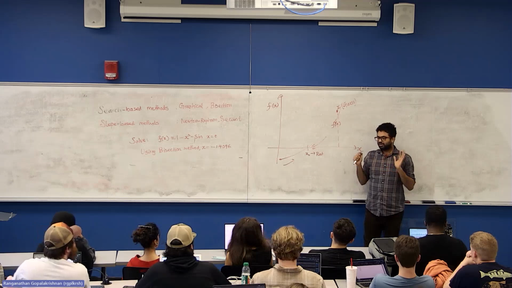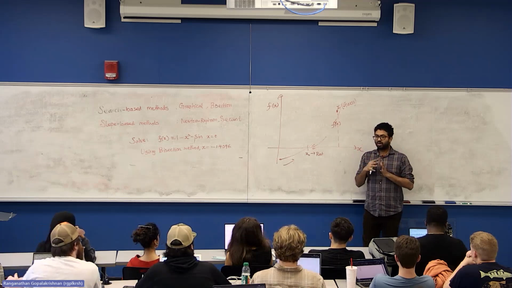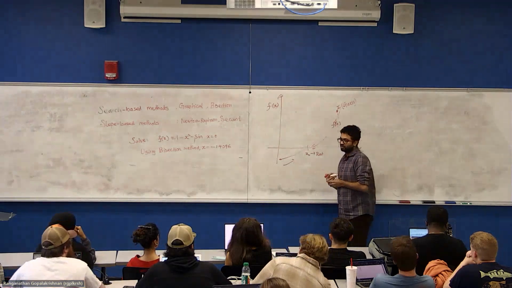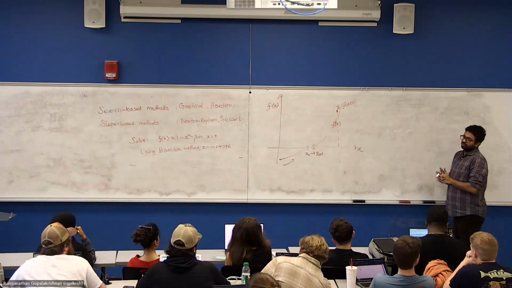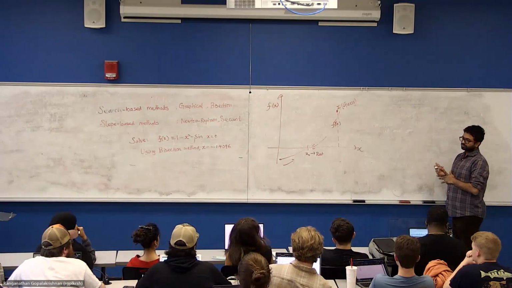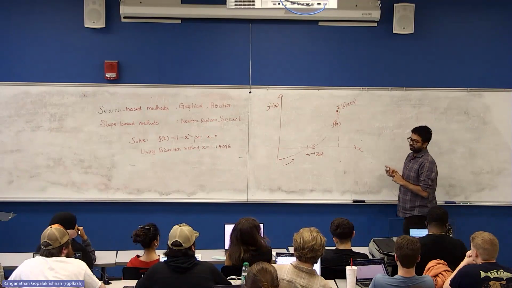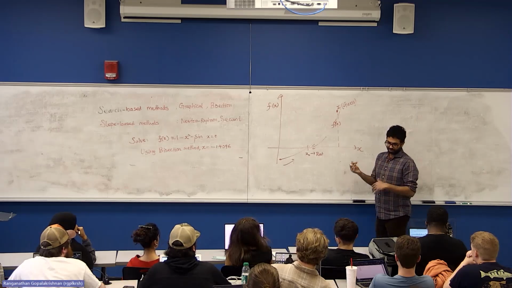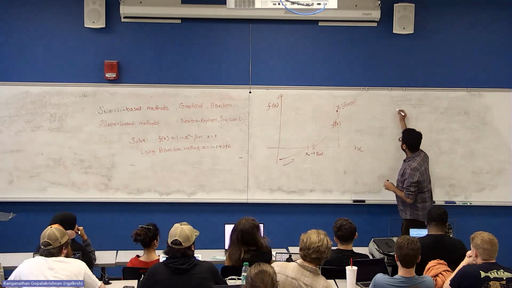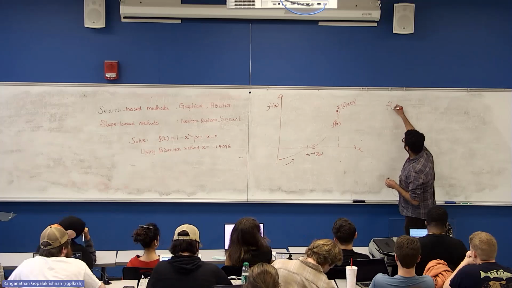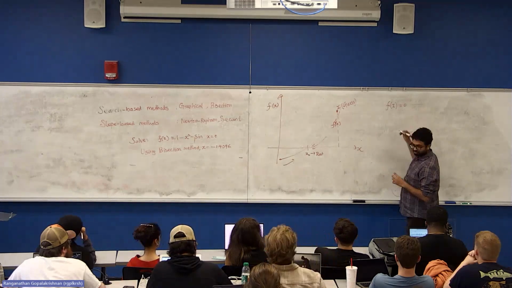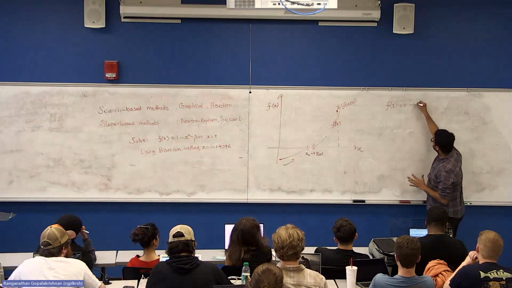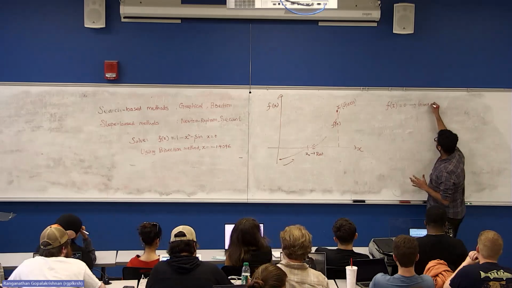Just intuitively asking you, if you want to go towards the root, how would you pick your next value? You don't know whether the root is to the left or right. You don't know that. But what you can know is this is your function f of x equal to 0. That's given. Okay, this is the equation that you're trying to solve.